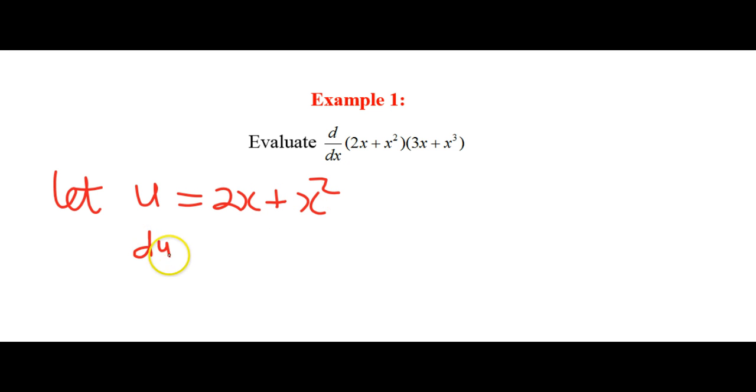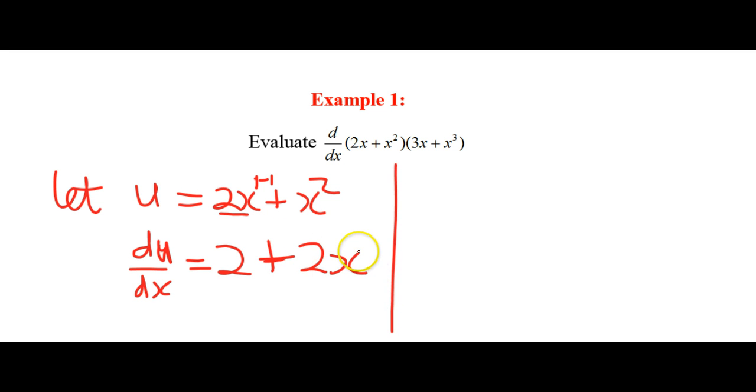So we have du/dx, and that will give us, here's power 1, remember, power 1 for this one. So 1 times 2 here will give me 2, then minus 1 will give me 0, and so the whole of x will be power 0, which is 1, plus when you differentiate x squared, you have 2x. So that is the first one.